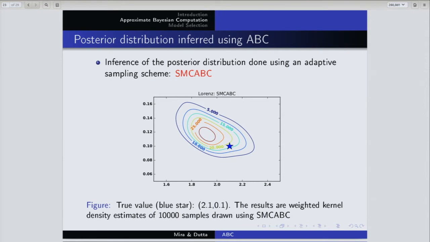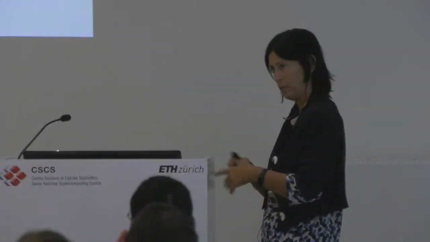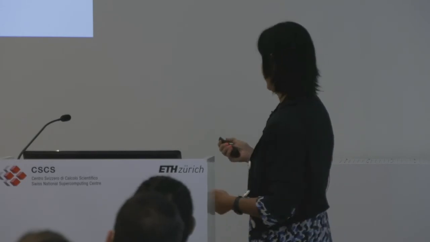In particular, those are 10,000 samples. So we repeat the ABC procedure until we retain 10,000 values of theta.